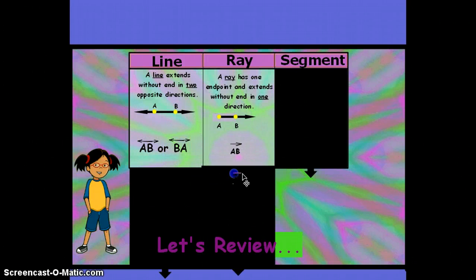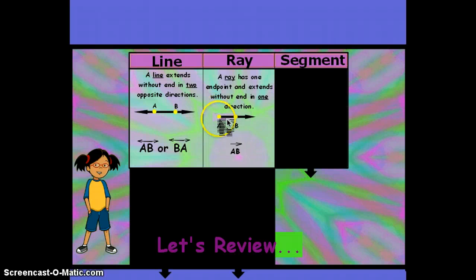A ray, however, does matter. A ray has one end point and extends without end in one direction. So think of a sun. All the rays of the sun come from the center. So all the rays of this one come from the end point A. And this does matter.